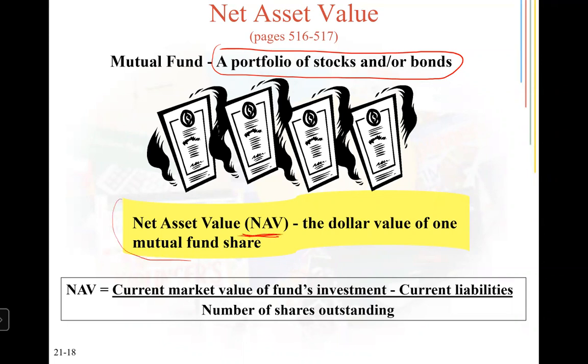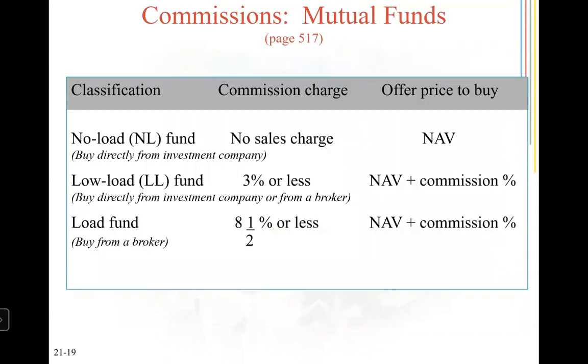That's the dollar value of one mutual fund share. So you might have multiple, but we tend to look for that net asset value, and they have the formula here. Like I said, we're not going to actually do any calculations with that, but you just need to know that basically it is the current market value of the fund's investment minus liabilities over number of shares outstanding. That's just an idea of the definition.